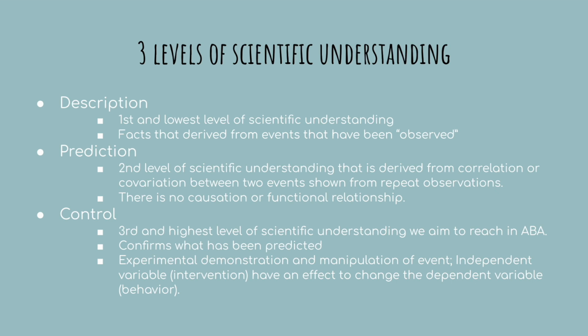And then when we repeat the intervention, say it's not skill acquisition, because with skill acquisition we usually want them to increase, but we want the target behavior to decrease, say that it's aggression, right?